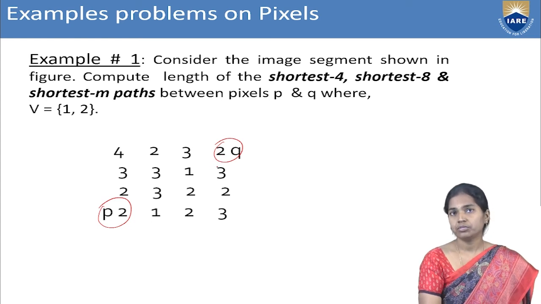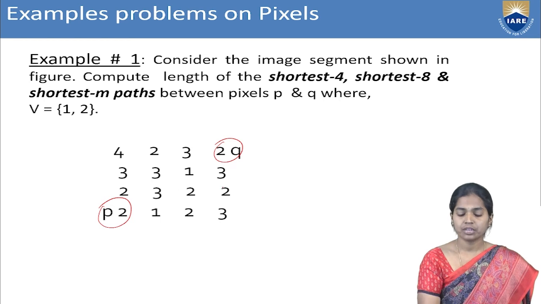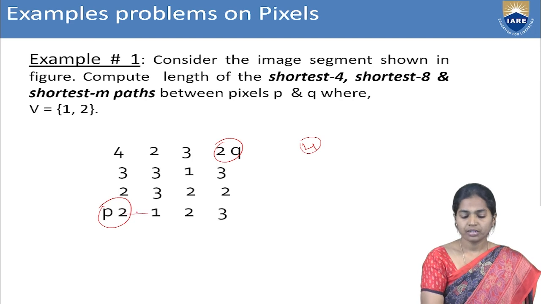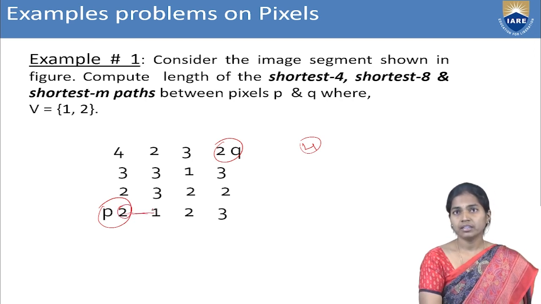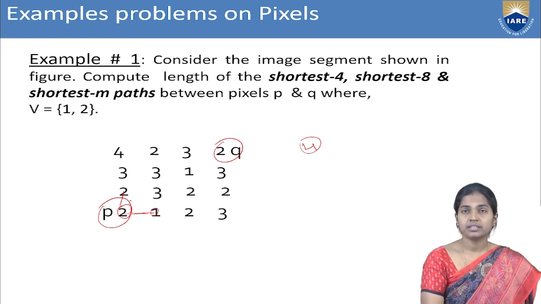If the adjacent pixel values are 1 or 2, we can choose that path only. In this condition, 4 adjacency is possible here. From this point, how many possibilities are there if we are using 4 adjacency? This one and this one.